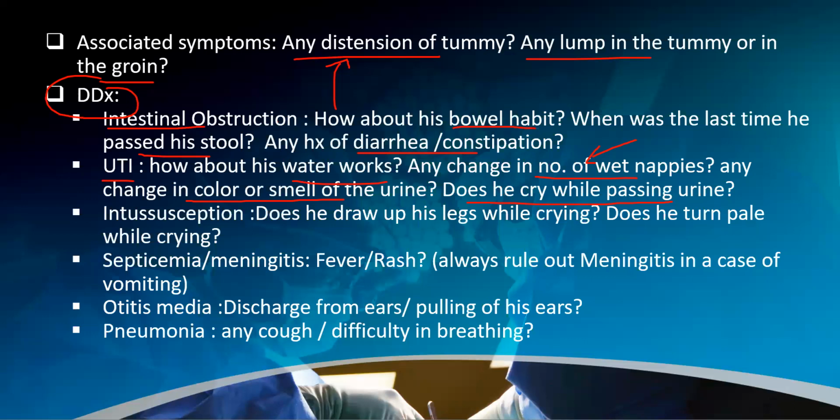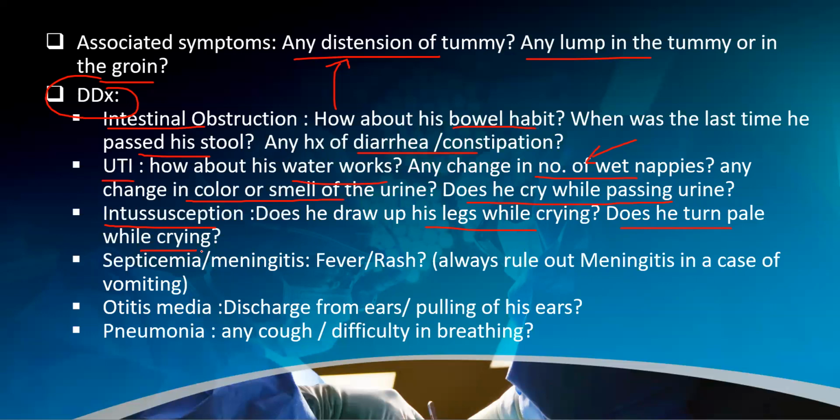So we have asked about bowel and bladder. The next is some of the other differential diagnoses. So we have got intussusception. So you can ask, does he draw up his legs while crying? Does he turn pale while crying? Children with intussusception present to you with episodic screaming episodes as if they're in severe abdominal pain.